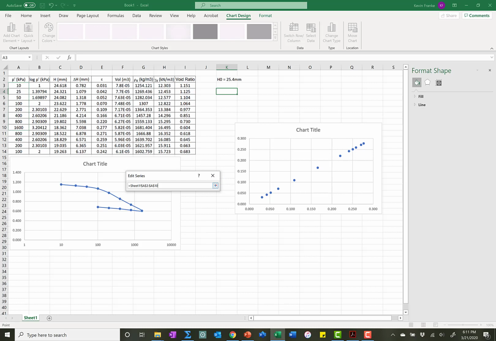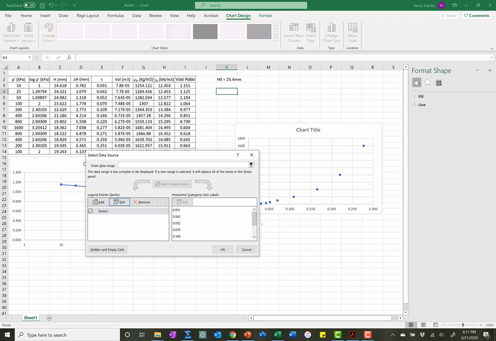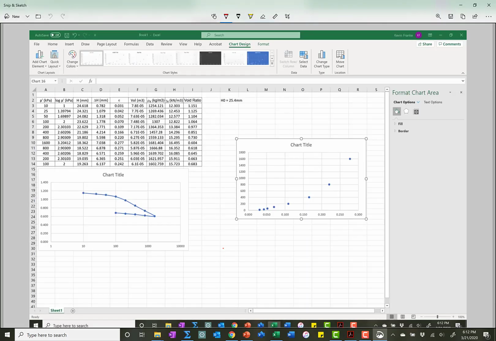I don't want to plot the rebound portion. I just want to plot right up to where we rebound the soil. There we go. Here's a screen capture. I have P prime on this axis, and strain on that axis.